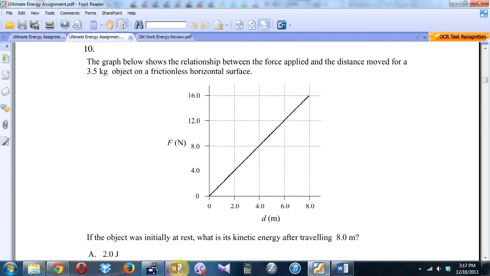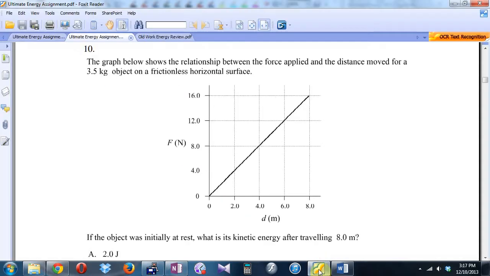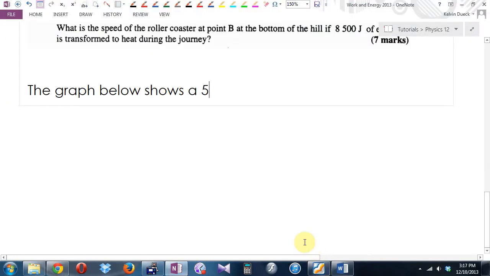Sure, let's do this. The graph below shows, I'm going to change the mass. What did I say? 3.5 kilograms in the original? 5.0 kilogram. Actually, let's have it go faster. Let's make it a 1.5 kilogram object.